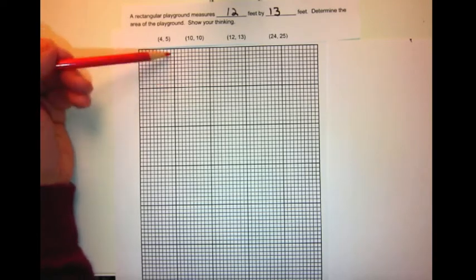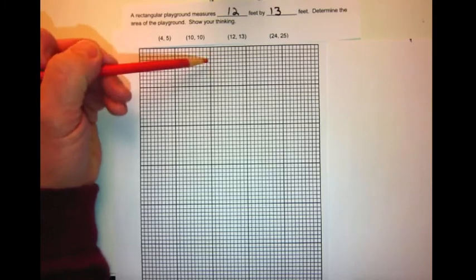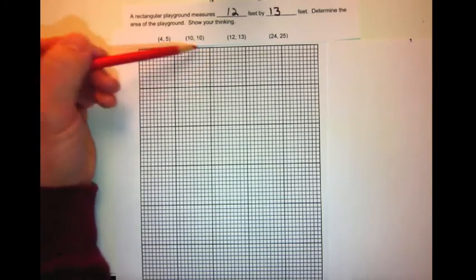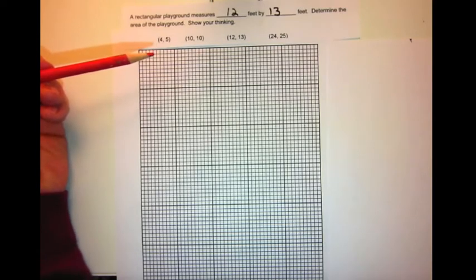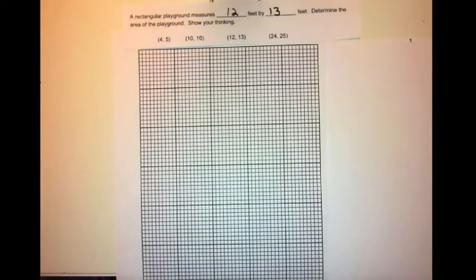And every 10 units you see a bit of a darker line to indicate a group of 100 squares in there.